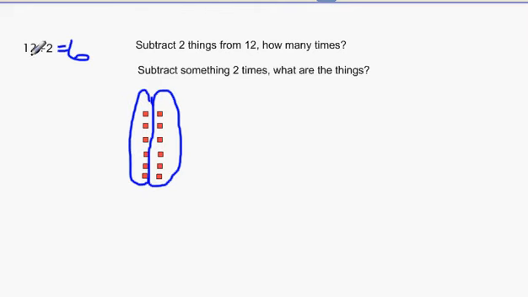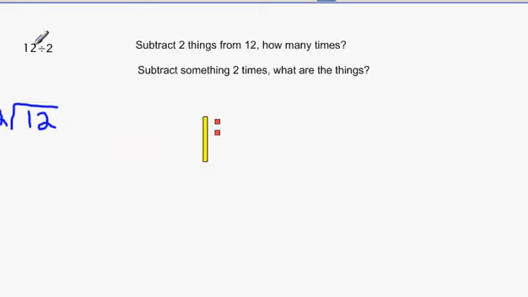But we want to start talking a little bit about place value and using our base 10 blocks. So I'm going to do this question with some base 10 blocks as well. So I've rewritten my question 12 divided by 2. Here's my 12, but I've rewritten it with my base 10 blocks. And I've purposely said things, not ones, because now we're going to talk about, can we do this with whatever shapes we're talking about? We've already shown that we can take this 10 and convert it into a bunch of ones.